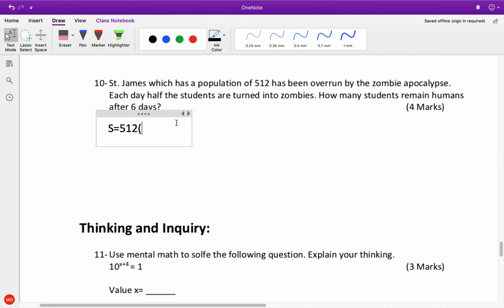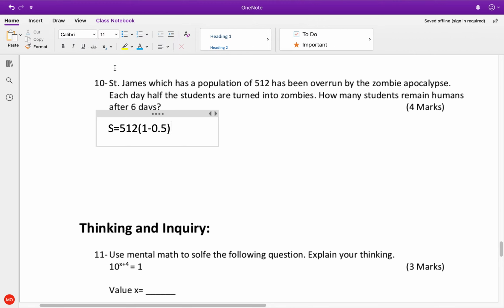Then it's going to be a decay, so it's 1 minus, and it's half, so we're going to minus 0.5. And then we're going to put it to the power of days. Since it's 1 day, we cut it in half. Let's do this calculation again.